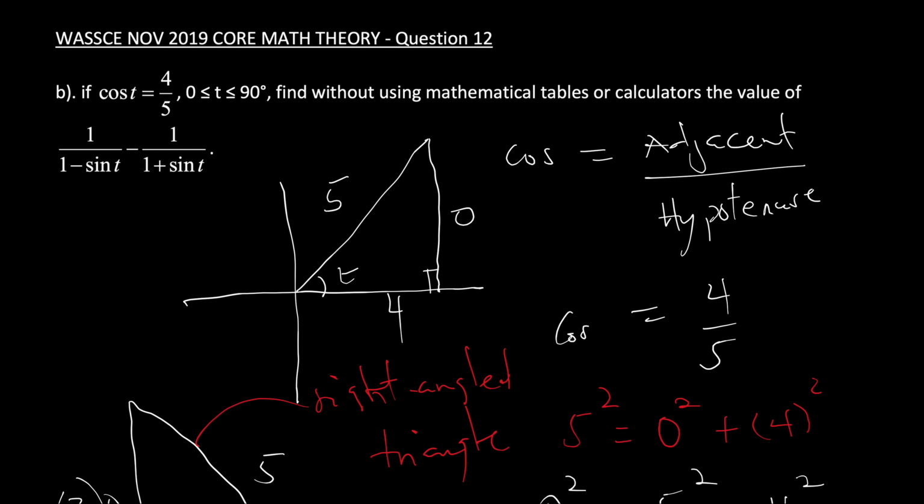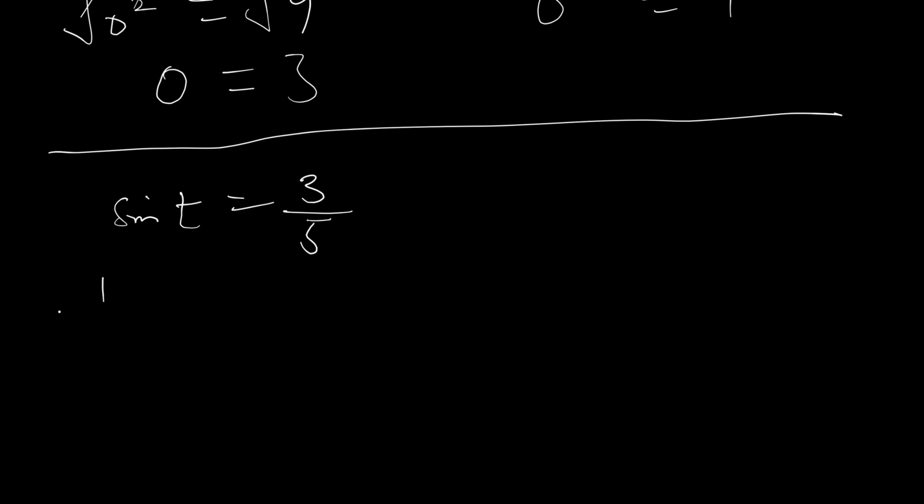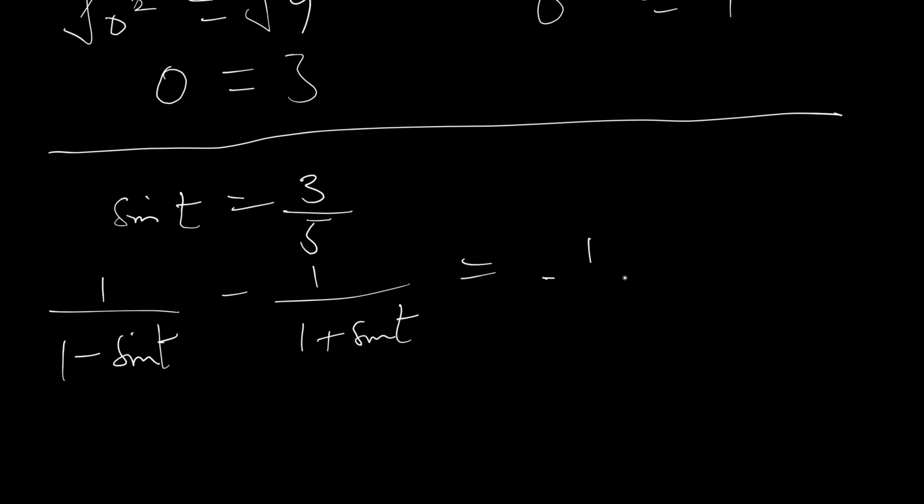Now we are being asked to evaluate 1 over 1 minus sine t minus 1 over 1 plus sine t. So this is the same as 1 over 1 minus 3 over 5 minus 1 over 1 plus 3 over 5.